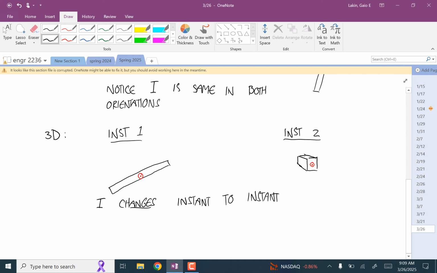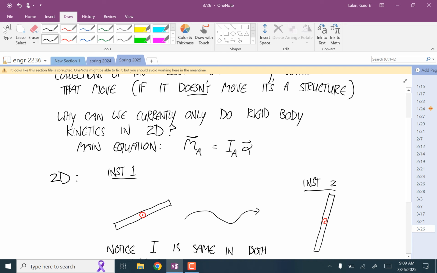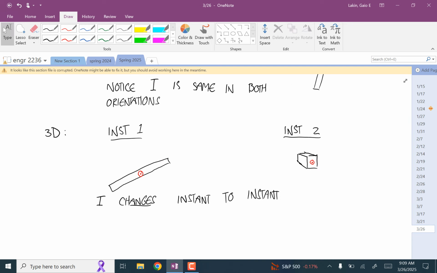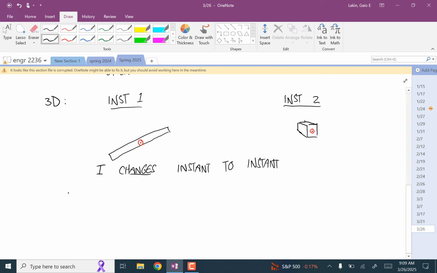And so what do you use for I in the moment equation? That's the fundamental problem here. You just can't use that equation in 3D. So with this approach, we can only work in 2D.